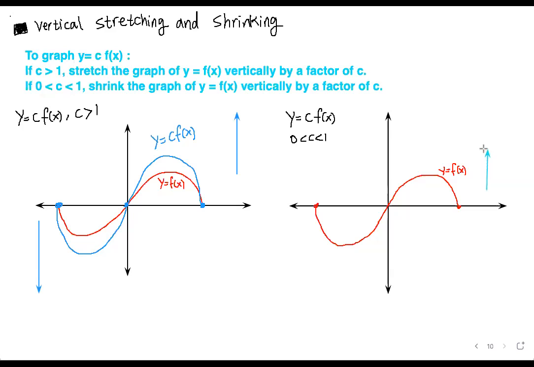Vertically means we do shrinking. So shrinking will look something like this. The 0 keeps zeros, and shrinking will be something inside.